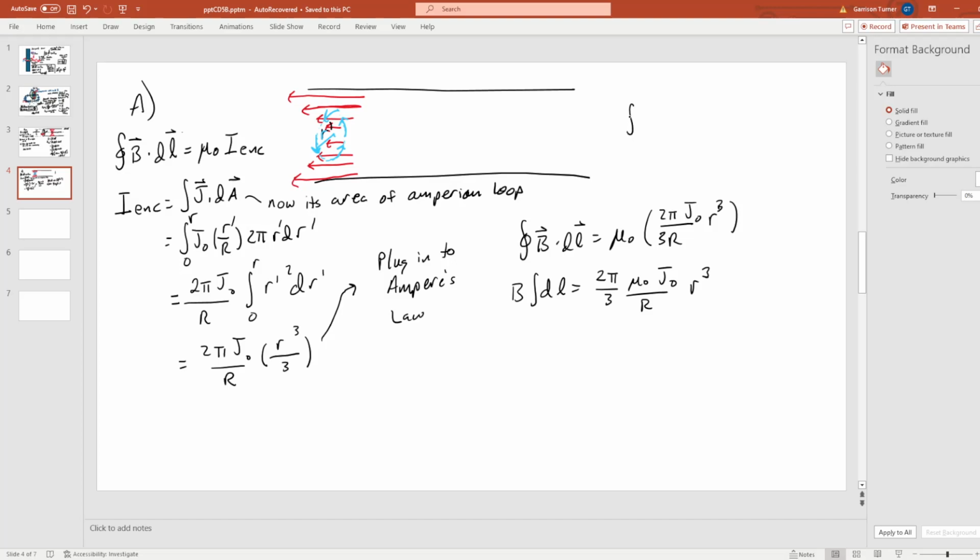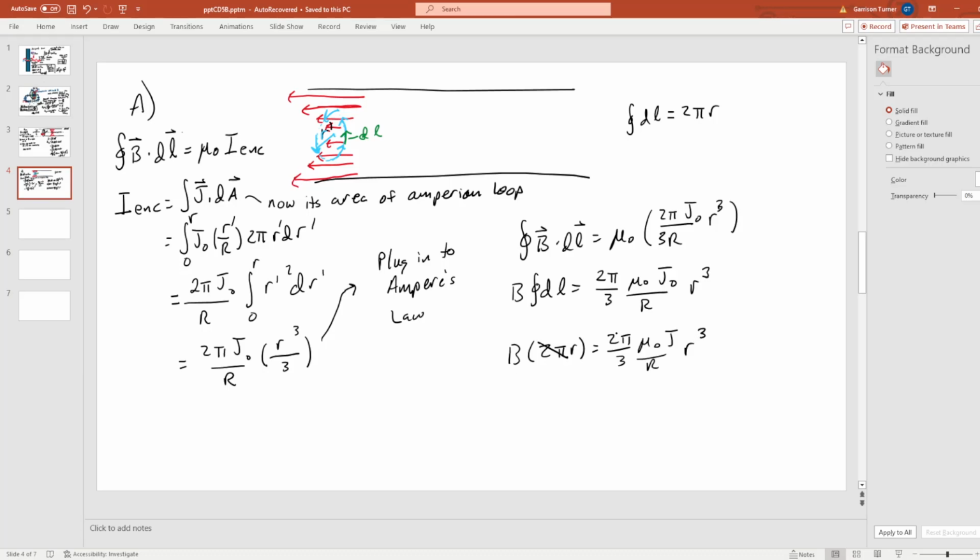So the closed integral of dl, once again, our dl's are along the Amperian loop. Okay. And they are parallel with the magnetic field, which allows the dot product to go to just B dl. And when I integrate around that, I get 2 pi r. So B times 2 pi r is equal to 2 pi over 3 mu naught J naught over capital R times r cubed.